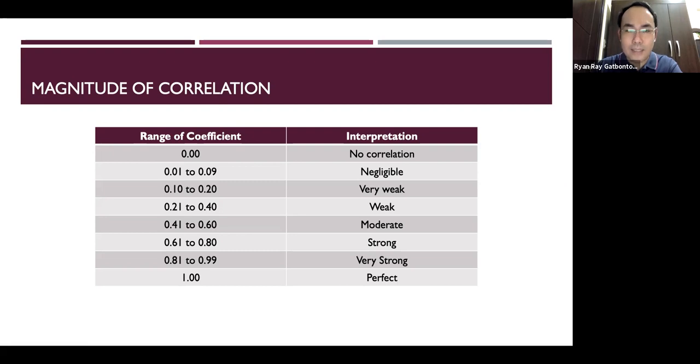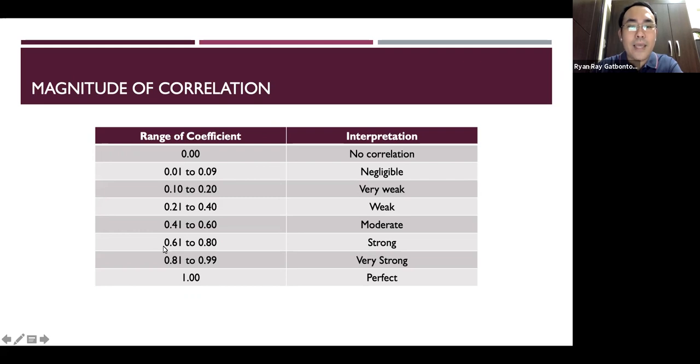If the value of your coefficient is from 0.01 to 0.09, the correlation is negligible. If the coefficient is around 0.1 to 0.20, it is very weak. If its value is around 0.21 to 0.4, it is weak. If your value falls from 0.41 to 0.6, the correlation is moderate.